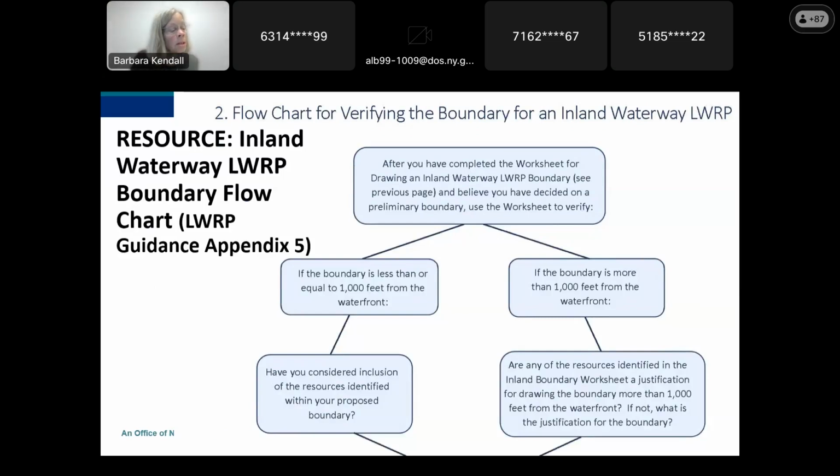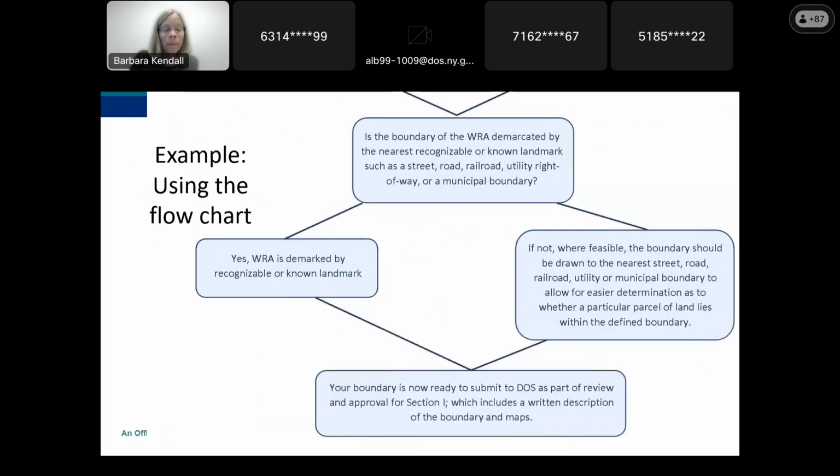So what this does just kind of helps you, after you've completed the worksheet, you look to see if it's less than or equal to 1,000 feet on the left here, then ask yourself, have you considered inclusion of the different resources that you found? Does it need to be a little bit more than 1,000 feet? If it's more than 1,000 feet, do you have justification for why you're including those resources? Because we're going to ask for that when you submit it to us.